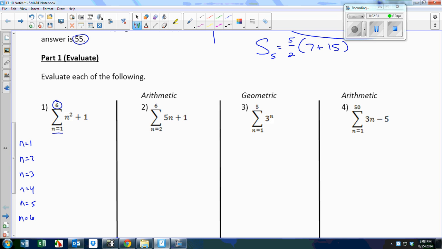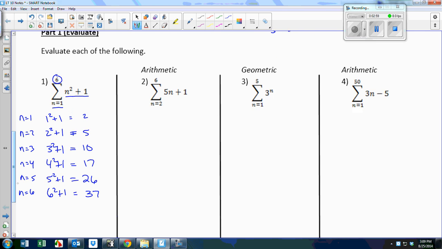Plug them into the formula that they provided, the explicit rule: 1 squared plus 1, 2 squared plus 1, 3 squared plus 1, 4 squared plus 1, 5 squared plus 1, 6 squared plus 1, and you get 2, then 5, then 10, then 17, then 26, then 37. Now that you've got that list of numbers, 2, 5, 10, 17, 26, 37, you add them up.